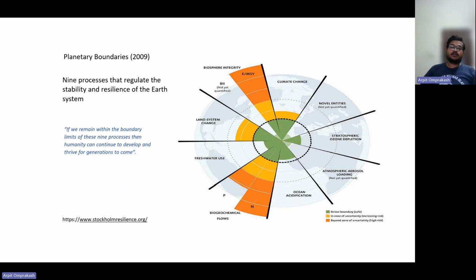If it's very hot, then it's not very stable. If it's very cold, it's not very stable. It needs to be at some moderate state. Similarly, in 2009, these people put forward this theory called planetary boundaries, which talks about 9 different processes of the Earth that regulate the stability and the resilience of the Earth as a system.